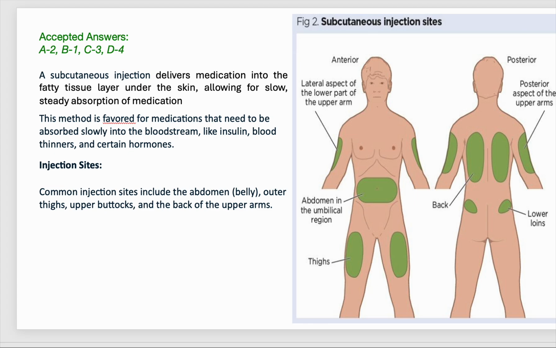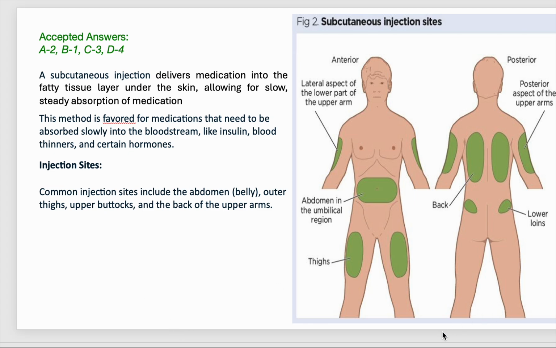So subcutaneous injection is given in the layer just under the skin, before it reaches the muscle, the dermis, a fatty layer just below the skin. That's where these injections are injected. It delivers medicine into the fatty tissue layer under the skin, allowing for slow and steady absorption of medication.